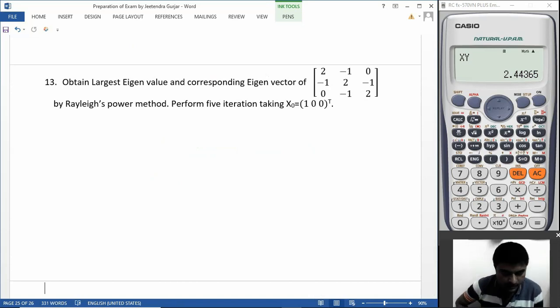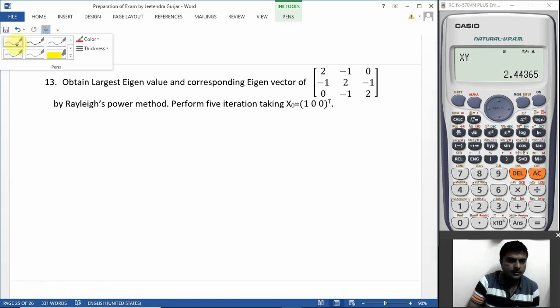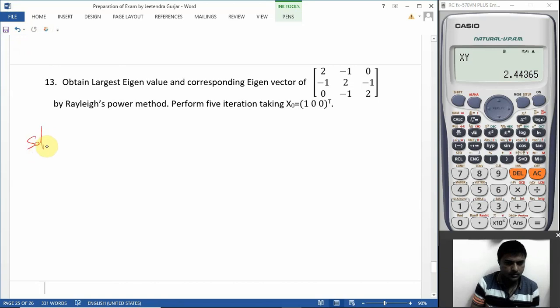This is what we want to calculate. So what is A? Substitute the value of A: 2, -1, 0, -1, 2, -1, 0, -1, 2. What is the value of x? X is nothing but x naught, so x naught is 1, 0, 0. I want to find the value of lambda and x1.